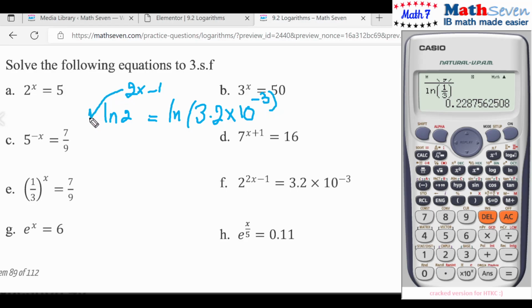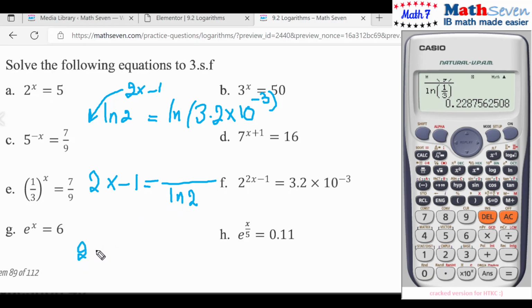The exponent drops down, so it becomes 2x minus 1 equals this value over ln 2. Then plus 1 to both sides and divide by 2. Let me erase this one here and continue below.